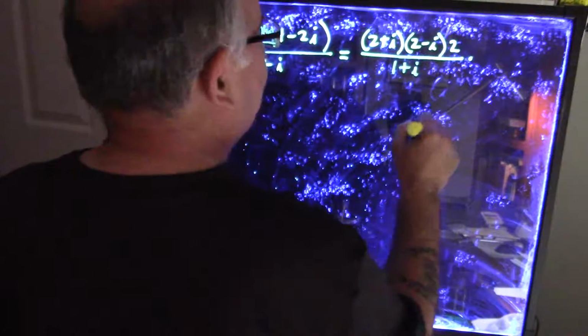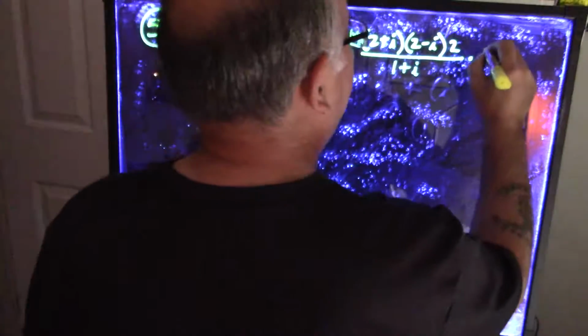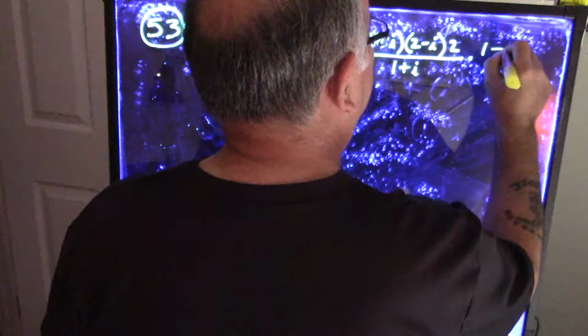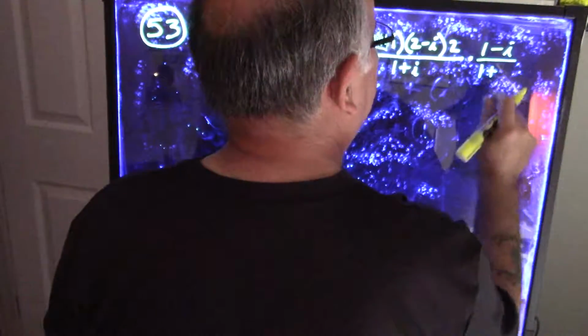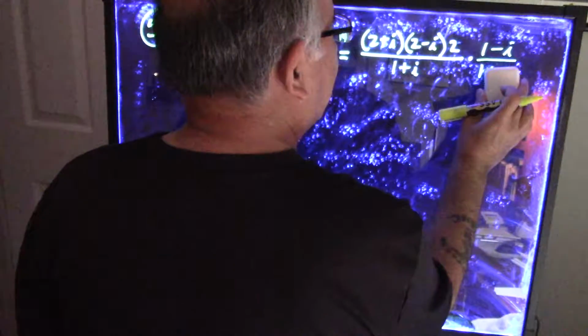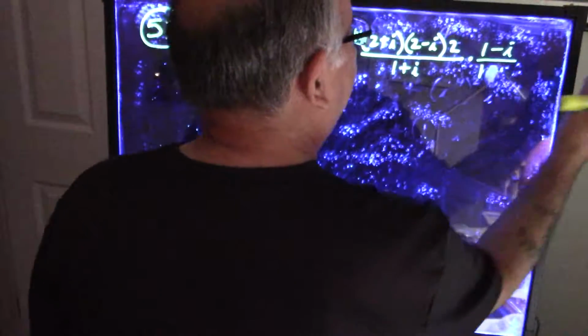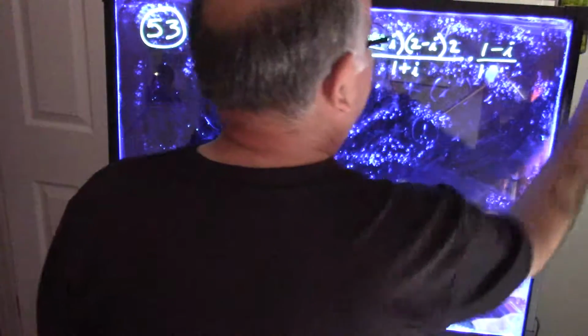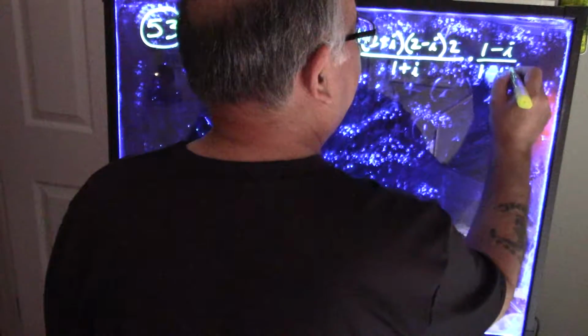Now I'm going to multiply by the conjugate of the denominator, 1 minus i, top and bottom. So you're multiplying by 1, not changing the value of that fraction, but I am going to change its form.